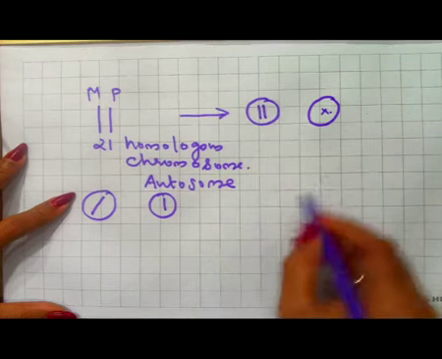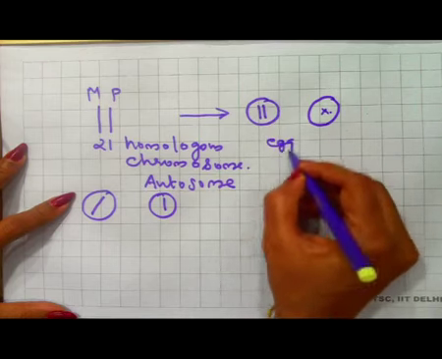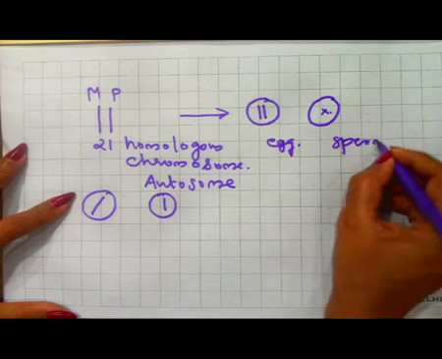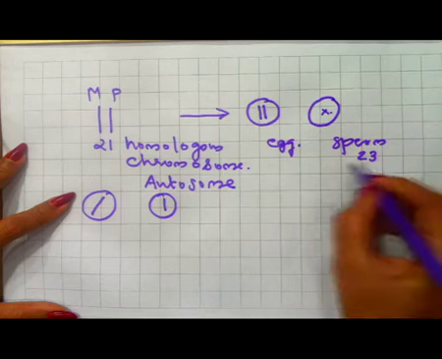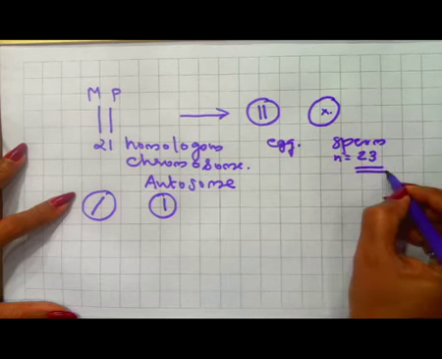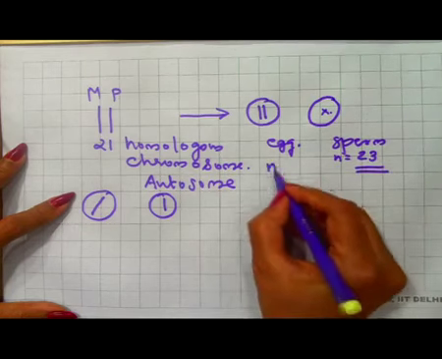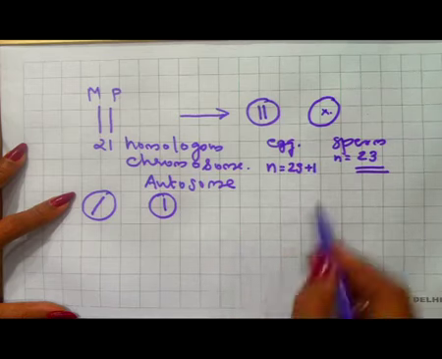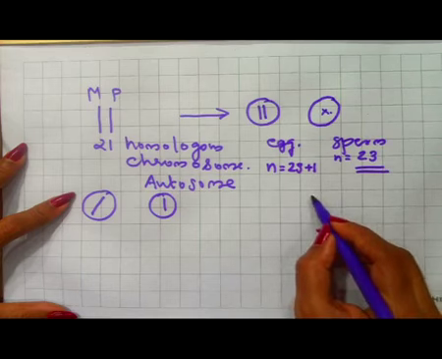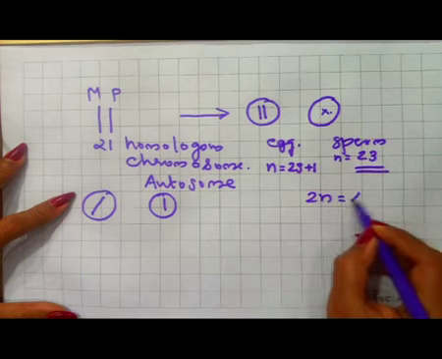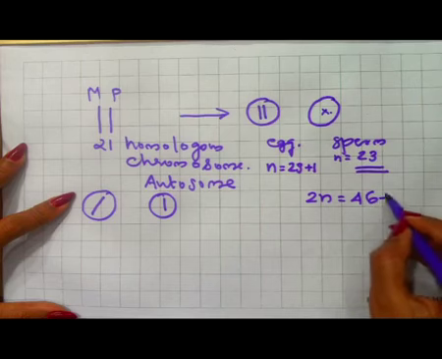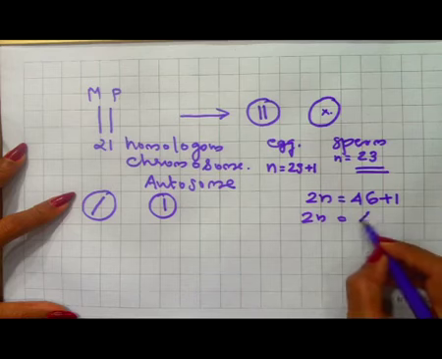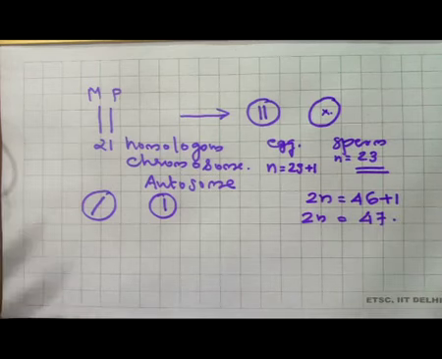Now, when this type of egg fuses with a normal sperm with n equals 23 chromosomes, here it is n equals 23 plus 1, it leads to the production of 2n equals 46 plus 1, that is 2n equals 47 chromosomes.